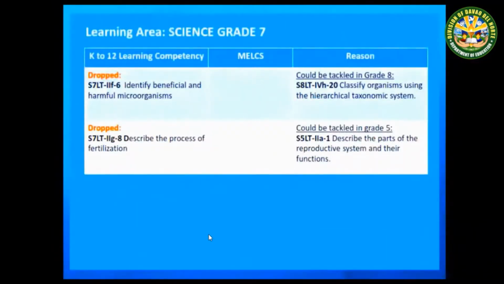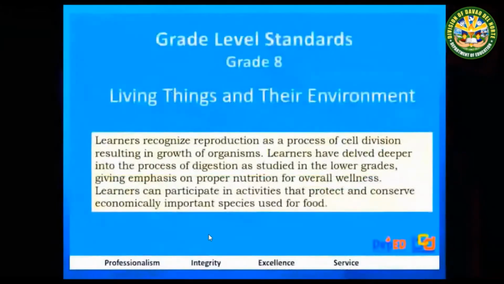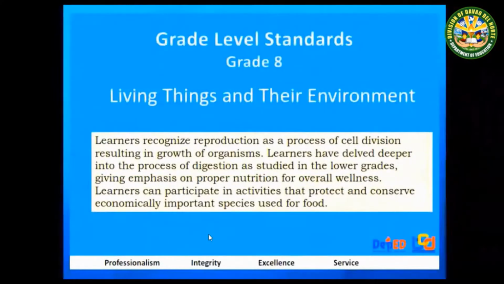For grade 7, two LCs were dropped since one could be tackled in grade 8 and the other was discussed in grade 5. For grade 8 level standards, living things and their environment is reflected in this slide.